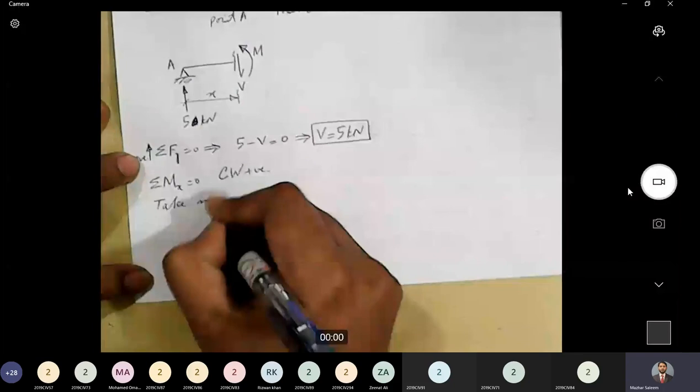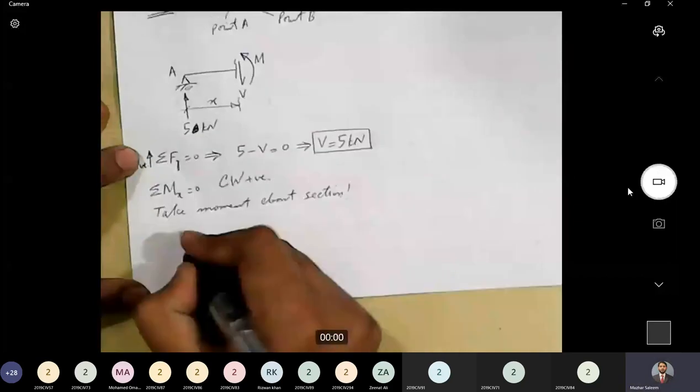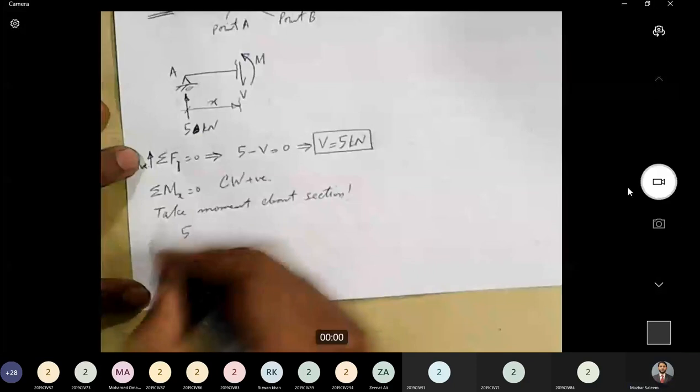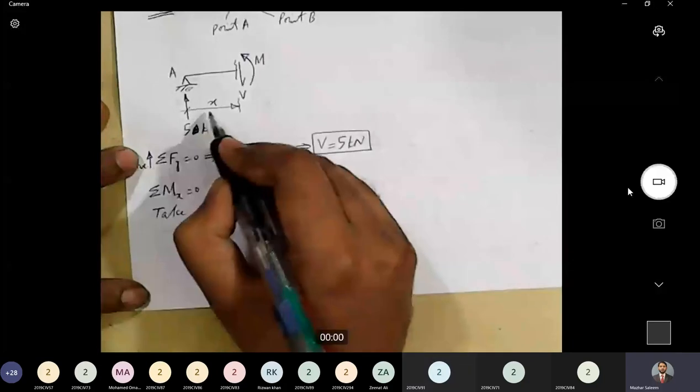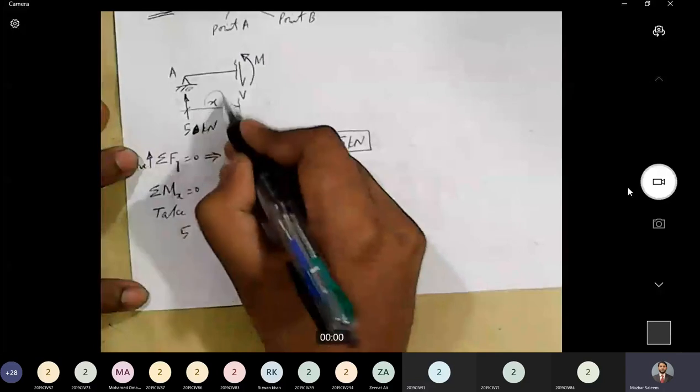Okay, how many moments are there about this section? This 5 kilonewton force will produce a moment in clockwise direction. All right, so 5, and how much is the lever arm for this 5 kilonewton force? How much is the distance between this 5 kilonewton force and the section? It is x. So the moment will be 5x. Yes, it's in clockwise direction, so we are taking it as positive.